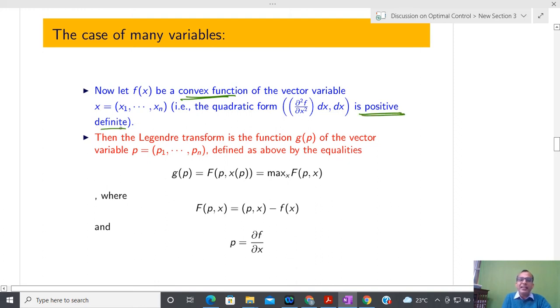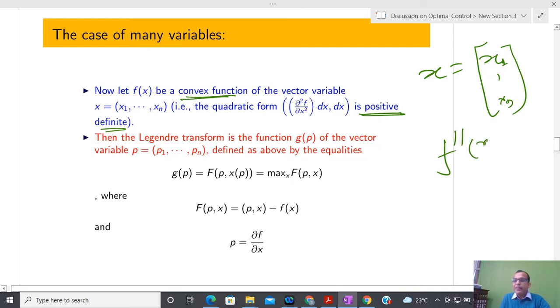Then only I can say that f(x), where x is nothing but x1 up to xn, either a column vector or row vector, that doesn't matter. And after that, if you take the second derivative, the result is exactly the same. So if I have some convex function and the second derivative is greater than 0, then we say it is convex.